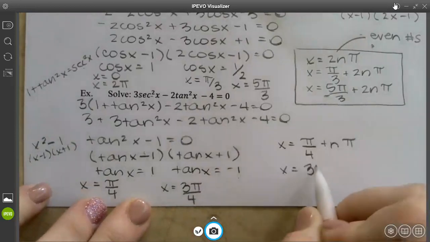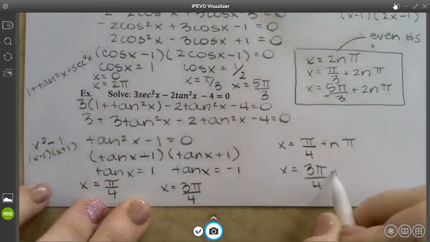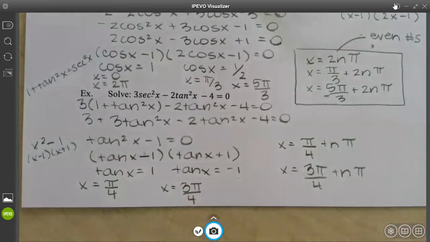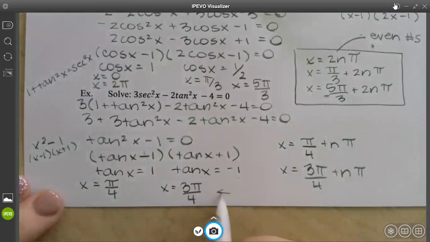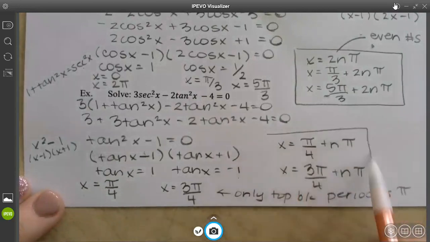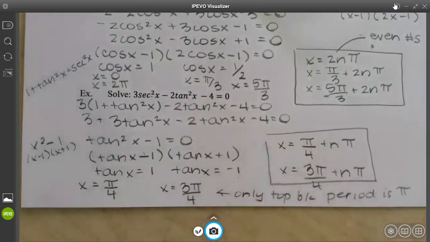So it's like repeating yourself to write the 2 on the bottom. Does that make sense? All right, if you need to write that, don't forget only the top, because the period is pi. So we only use the top of the unit circle values.